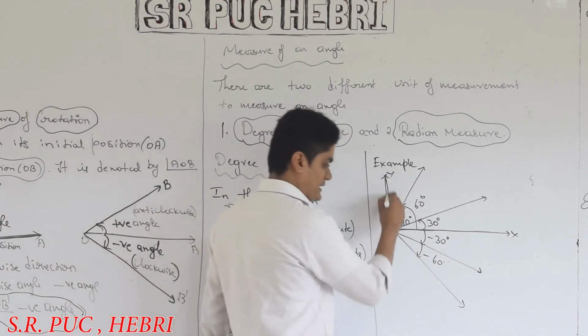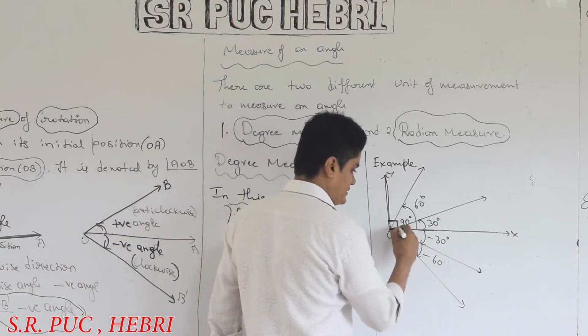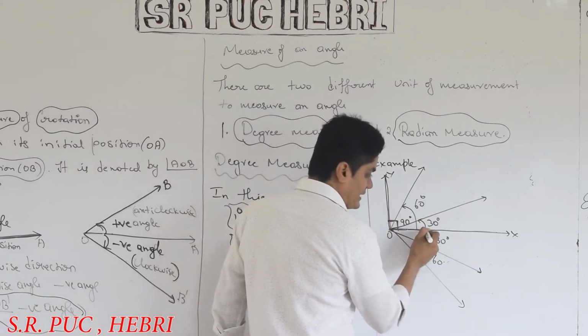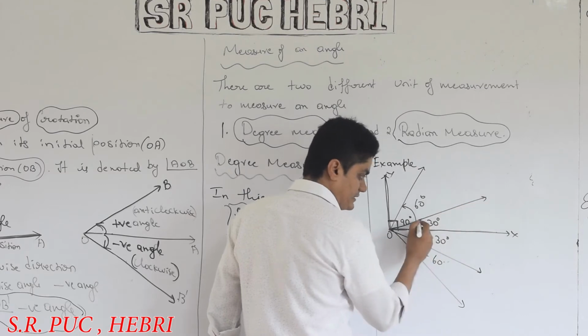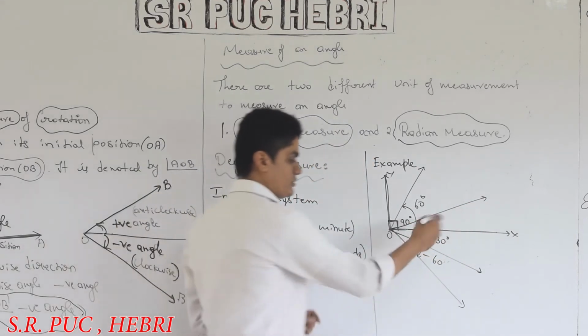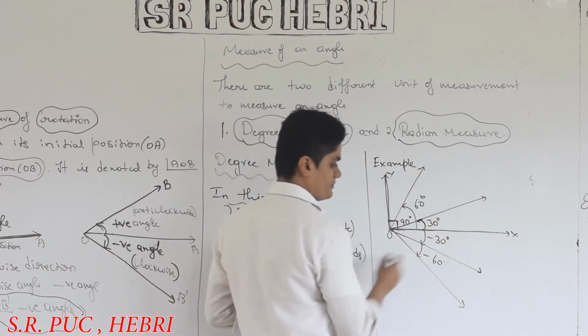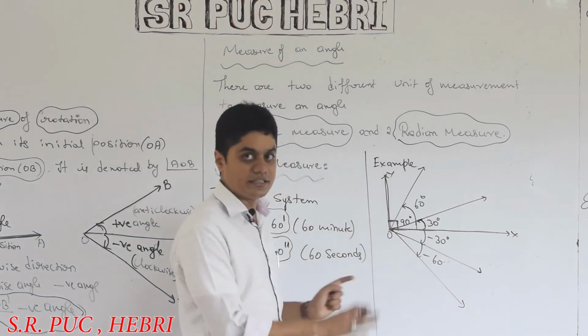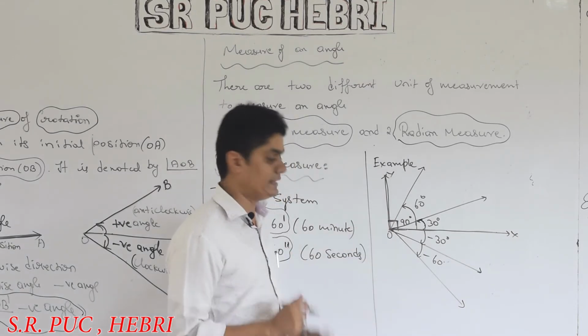You will take one perpendicular line, then the angle found by this rotation is 90 degree. 30 degree is very close to 0 degree, so it will be here. If anyone asks you to mark 30 degree, you know how to mark it. I just wrote one diagram to recall that procedure. 30 degree, 60 degree. But the main reason for writing this diagram is to show how to get a negative angle.